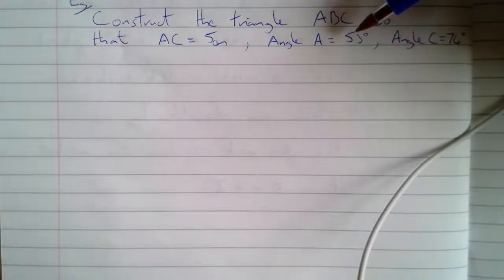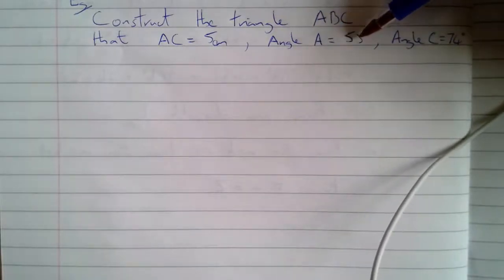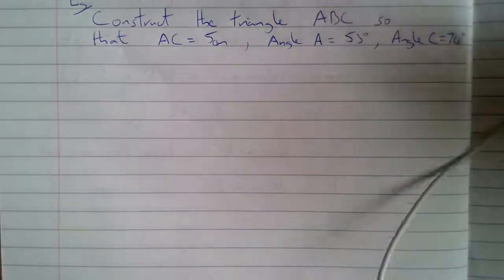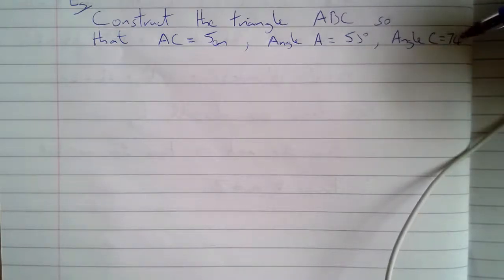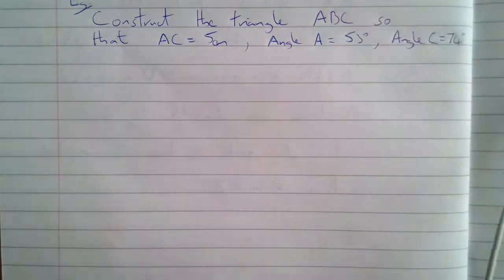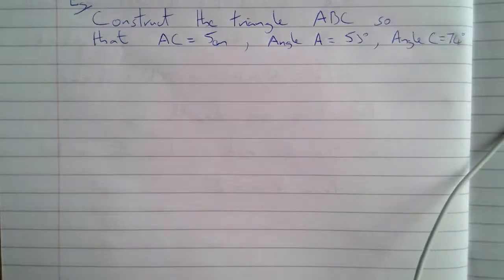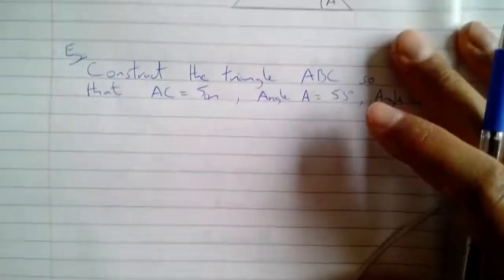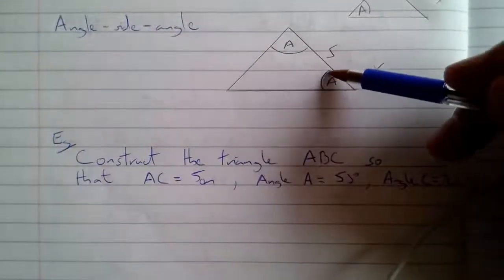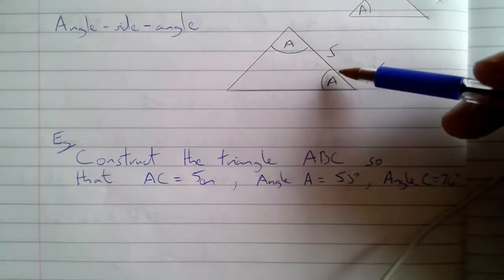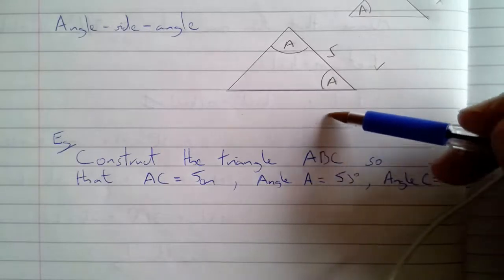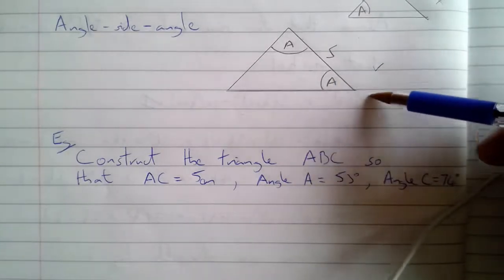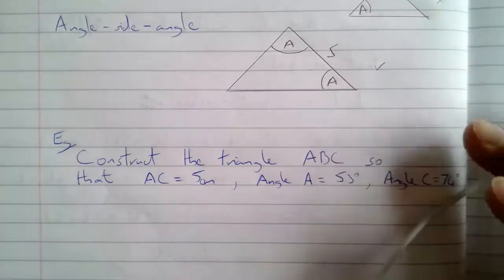The angle at A, the interior angle of the triangle, is 53 degrees, and the interior angle at point C is 74 degrees. What I mean by interior is the angle inside the triangle. If I look here, this is an interior angle because it's inside the triangle. I could draw an angle which went all the way around here, and this would be known as the exterior angle. I'm only interested in interior angles today.